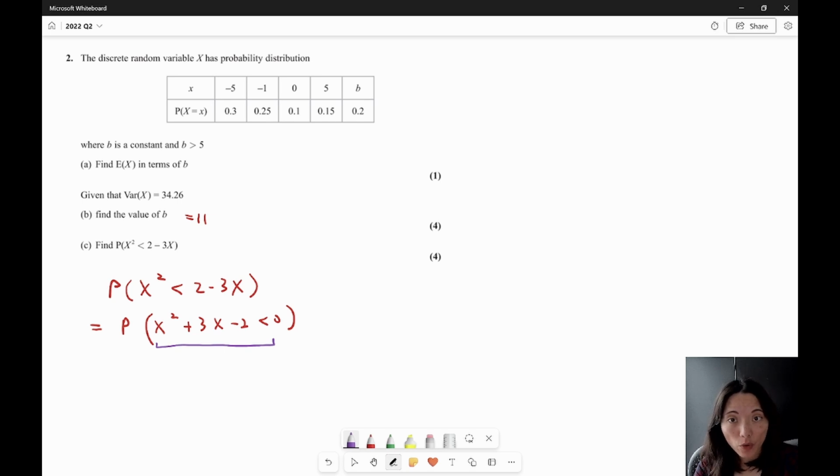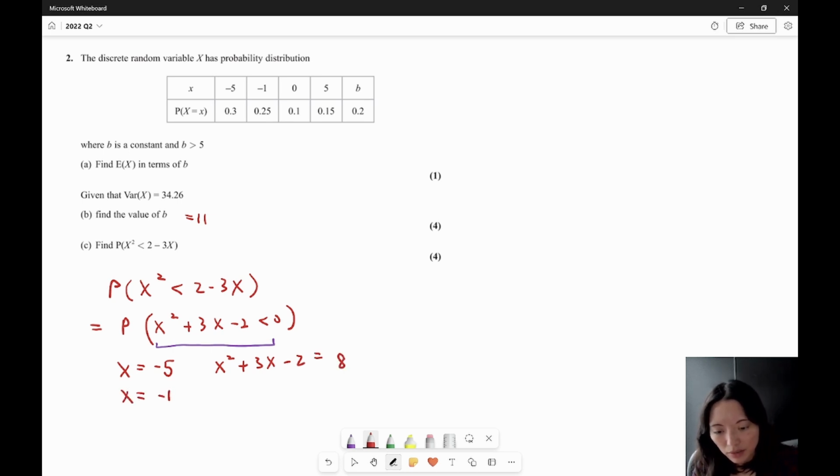And we want to know the sum of all these probabilities of x. Why don't we work that out? When x is minus 5, x squared plus 3x minus 2 equals 8. When x is minus 1, the same thing is minus 4. When x is 0, of course, this is just minus 2.